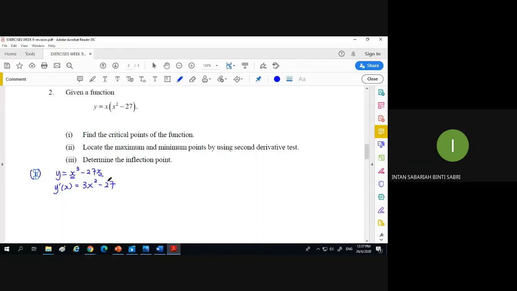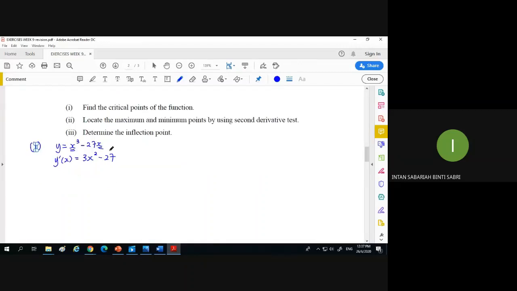This is easy because the powers are small. So what do we do? We want to find the critical point. Like I said, the critical point occurs only where y prime x, or f prime x, is equal to 0. So 3x squared minus 27 is equal to 0. So we have 3x squared equal to 27.